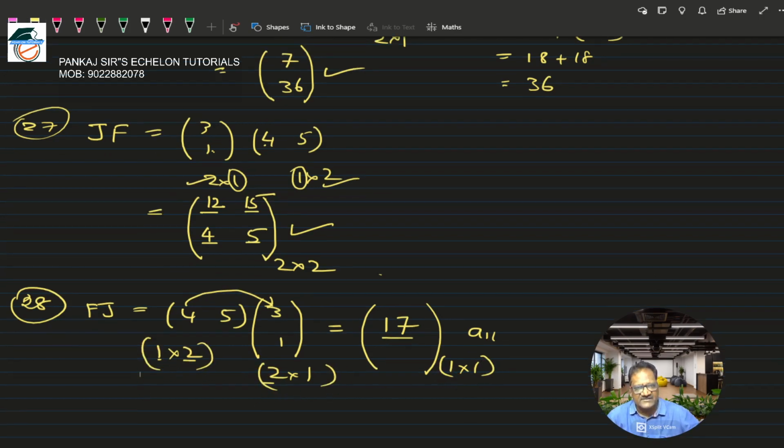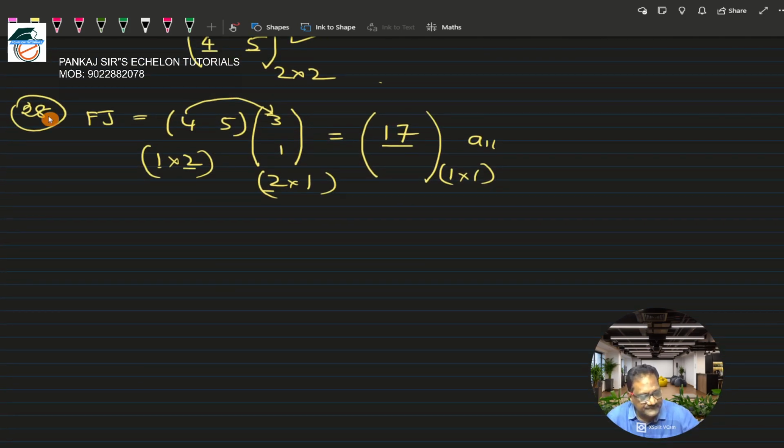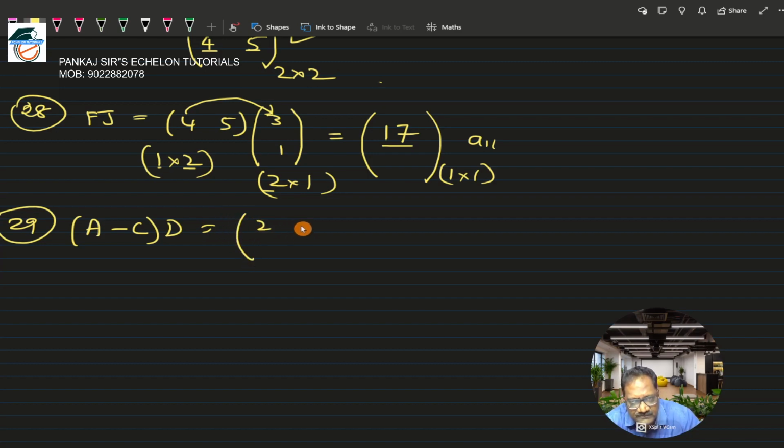Let us move on to 29. Question number 29 is (A minus C) times D. So let us put the values of A, C and D. A is 2, minus 1, 3 and then 4.